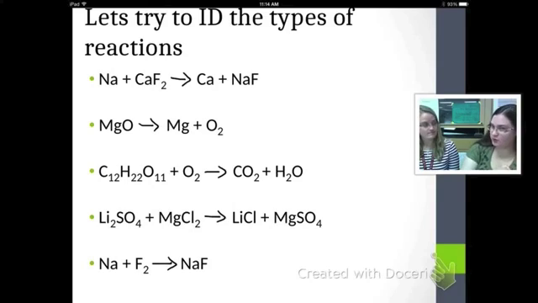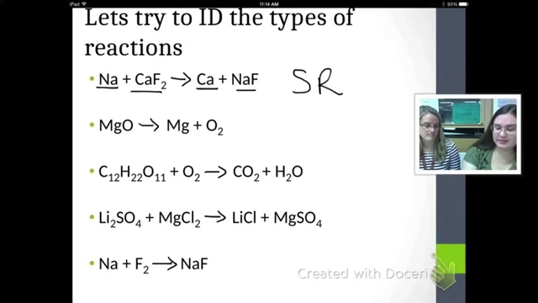Here on our first example, Na, which is an element, a single element, with a compound, breaking into a different single element and a different compound. So an element plus a compound, you're saying single. That kind of gives it away. A single element with a compound, so a single replacement.